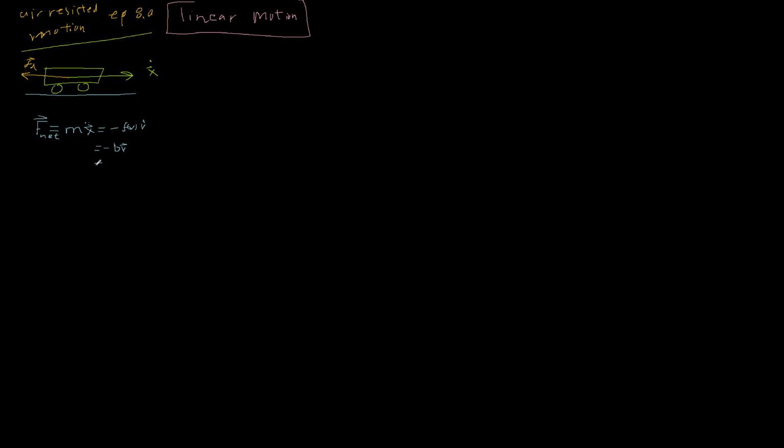Or probably better I write it as x dot. So we have m x double dot equals negative b x dot, and I'm going to remove these arrows because I technically do not need them right now, and they only make things a bit harder to see.